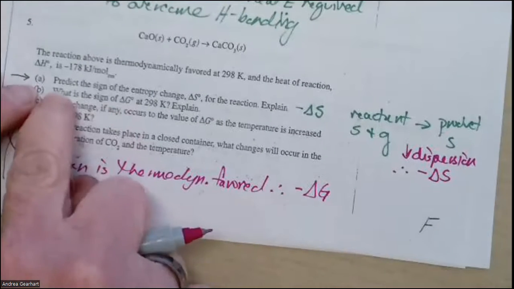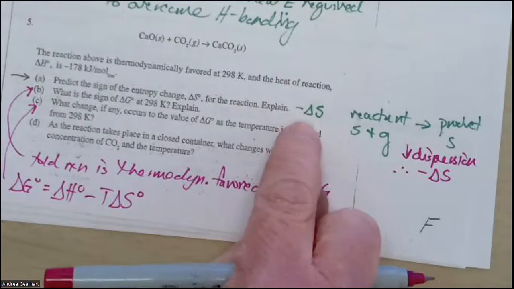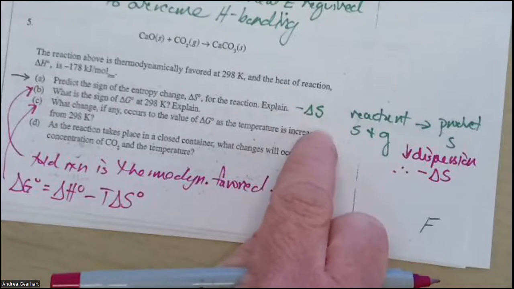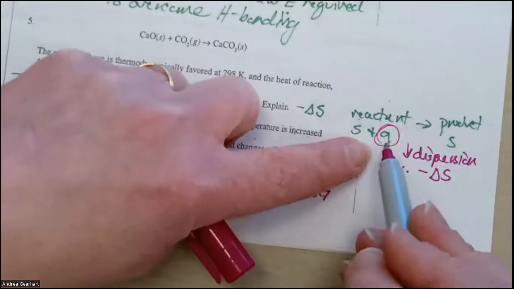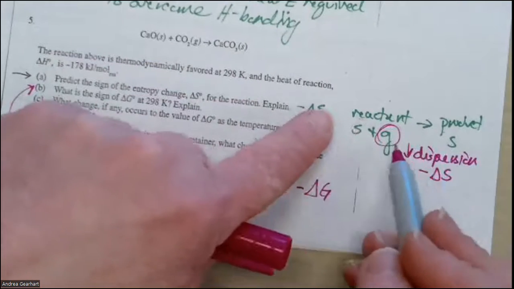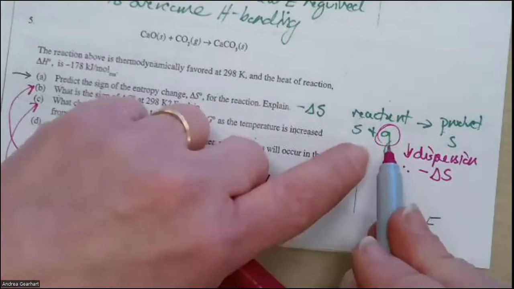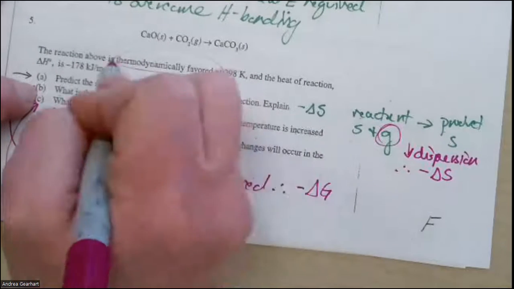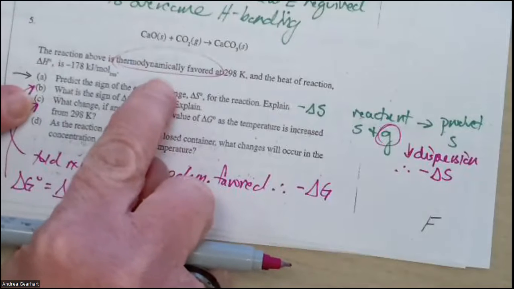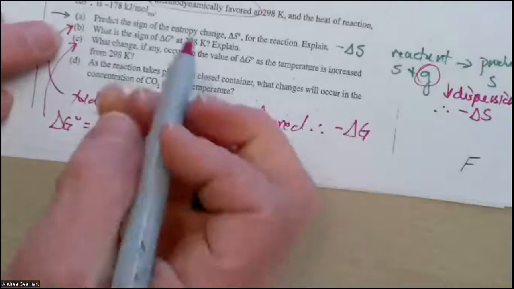Okay, are we good that we would absolutely confidently say the sign on the change in entropy would be negative? Because you're going from one of your reactants being in the gaseous state to none. And not only that, you're just resulting in solid. So we are decreasing dispersion because you're going from gas to solid, therefore decreasing in entropy. You are told it's thermodynamically favored. So we know that means negative delta G, period, and move on.